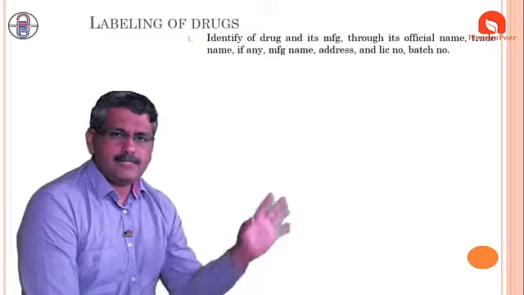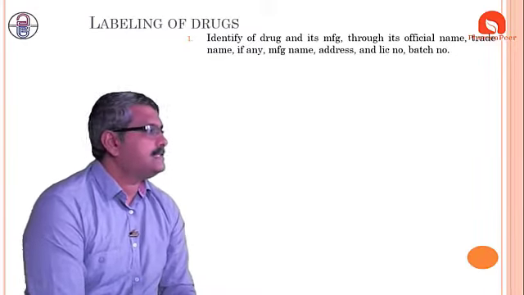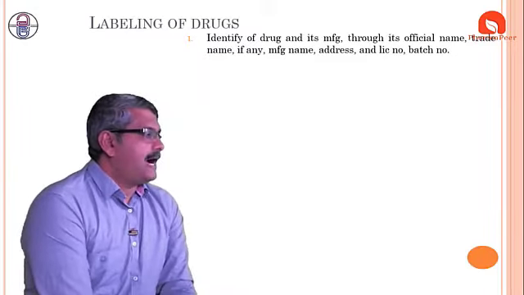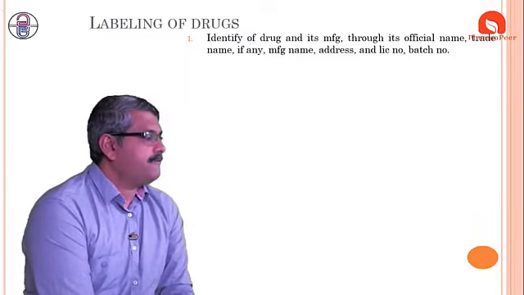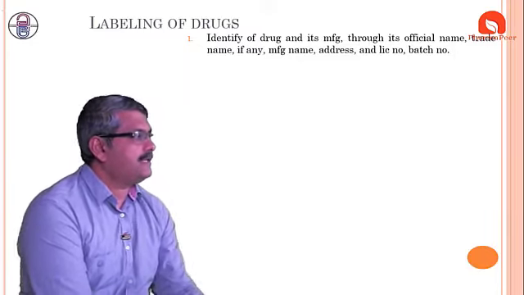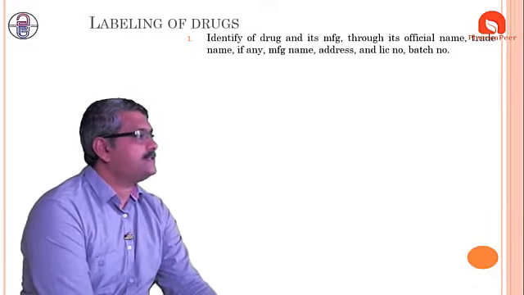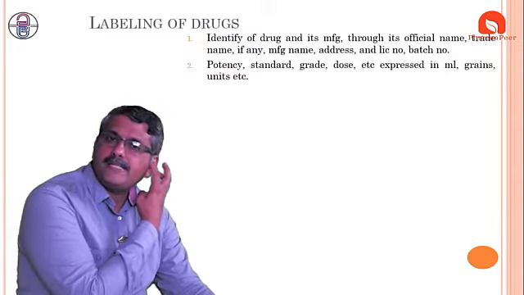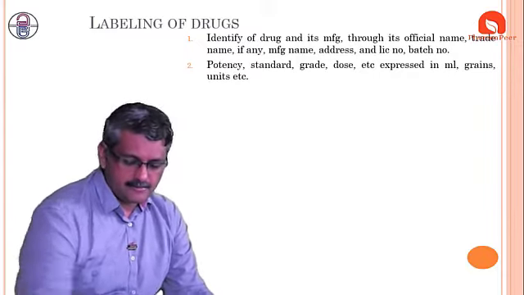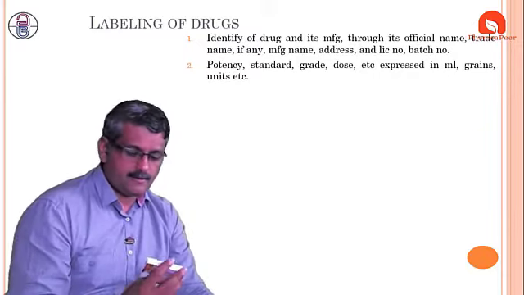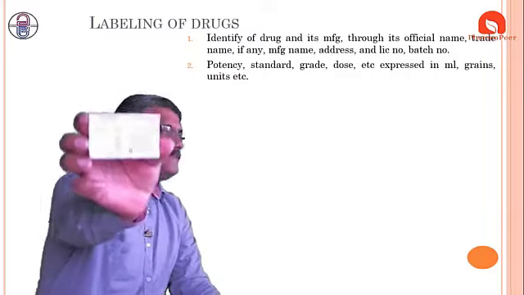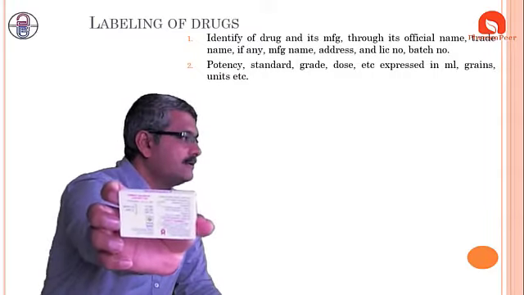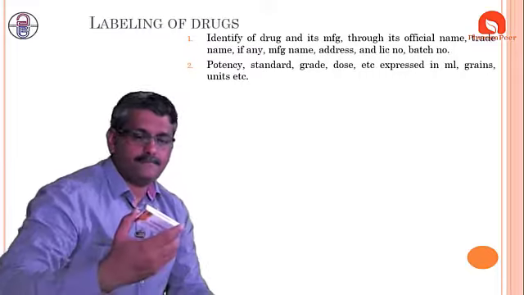There are a few common things that I will go through, and we will see them later in detail: identify the drug, its manufacturer, through its official name, trade name if any, name, address, license number, batch number. Second, potency and standard, that is going to be mentioned. If you see this, here it is quite clearly mentioned.